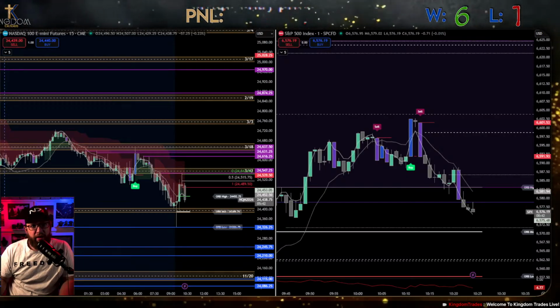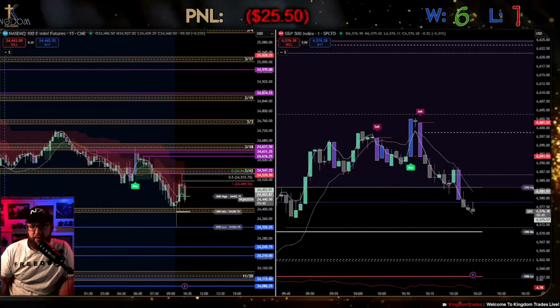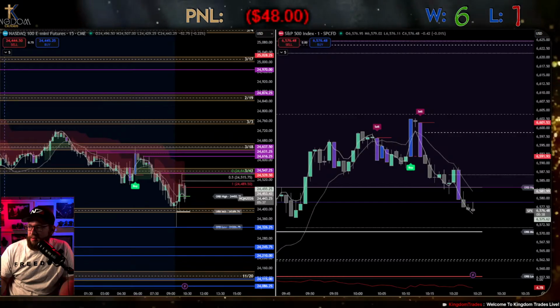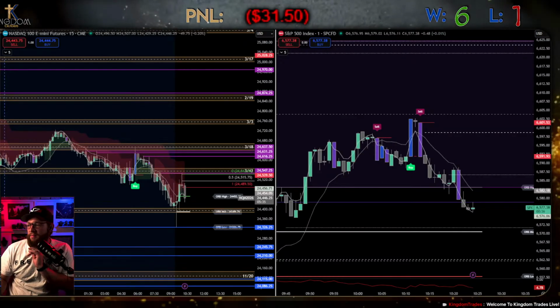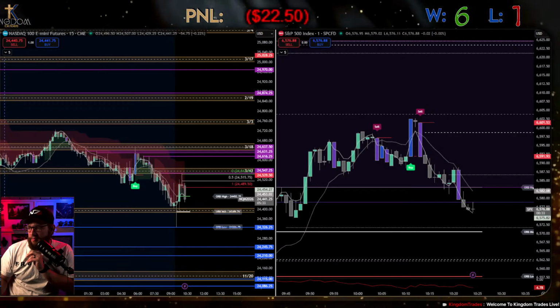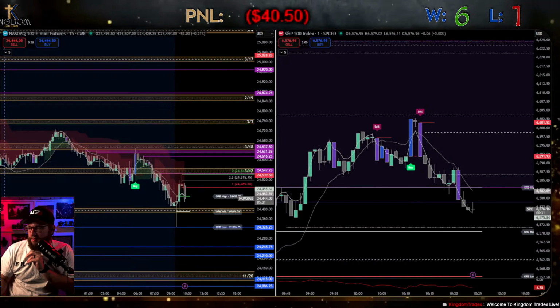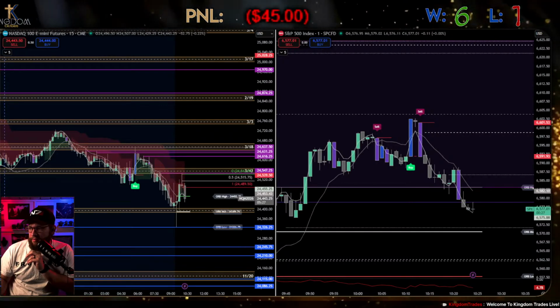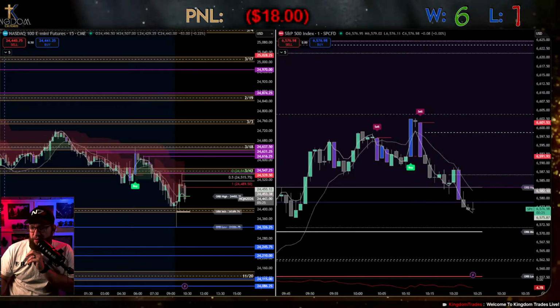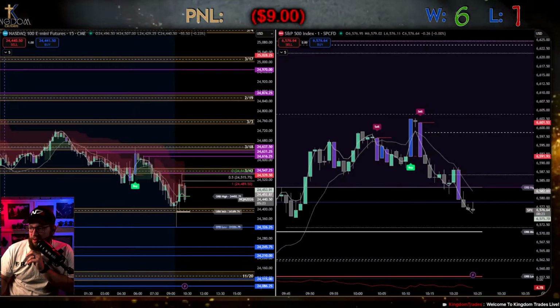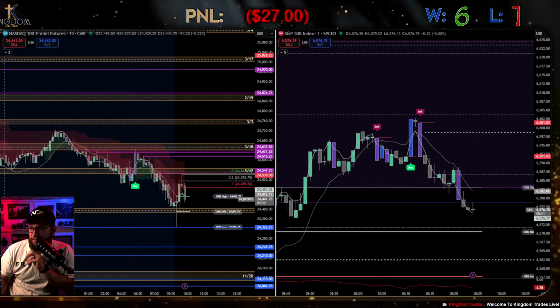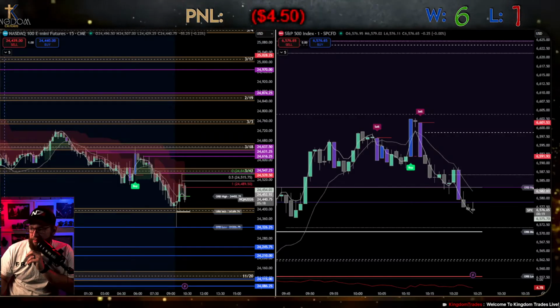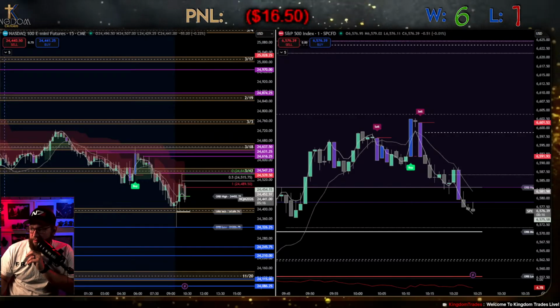40s, push down. SPX is ripping down. Keep pushing SPX. So I could have waited for that retest too. That retest would have been golden. Just gotta break 40.